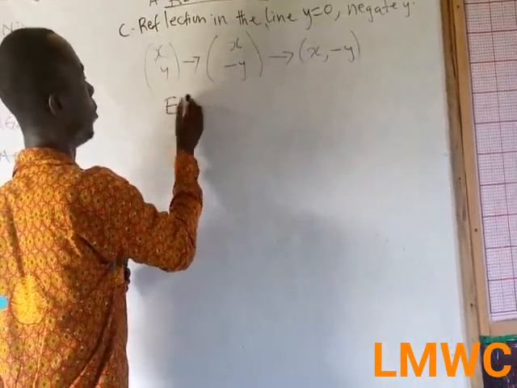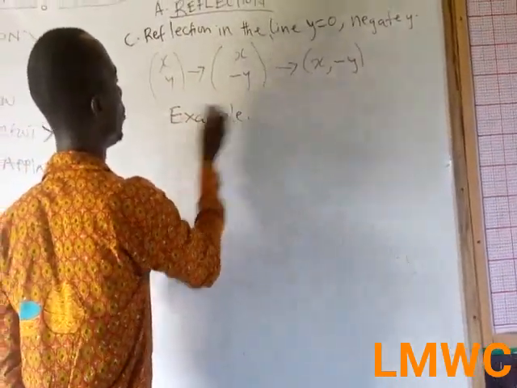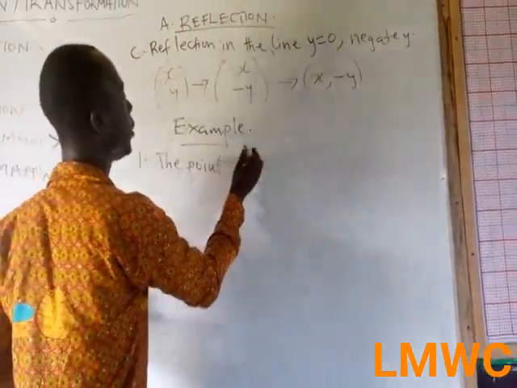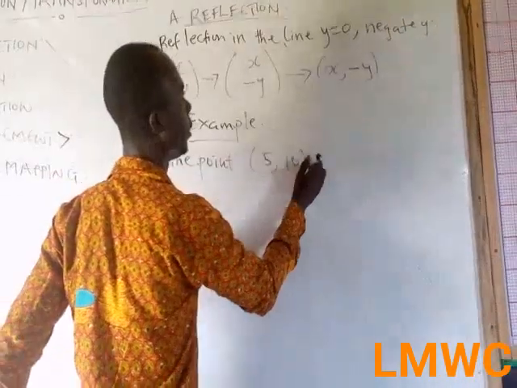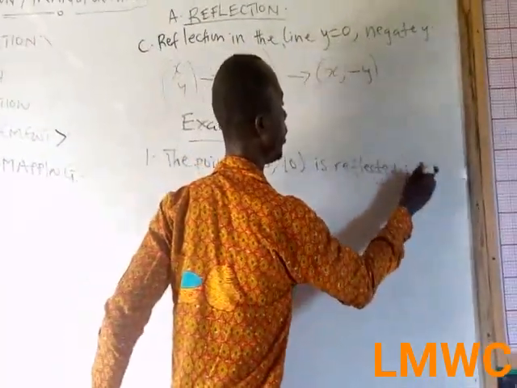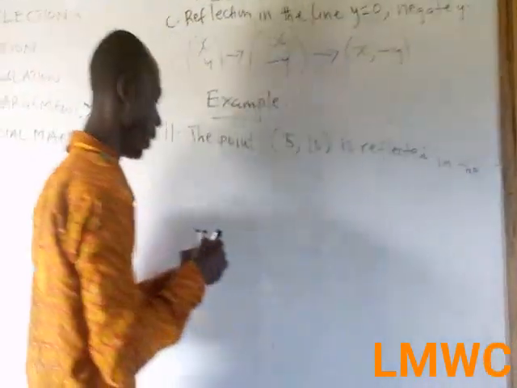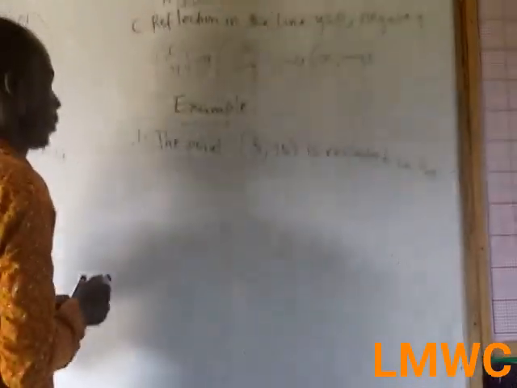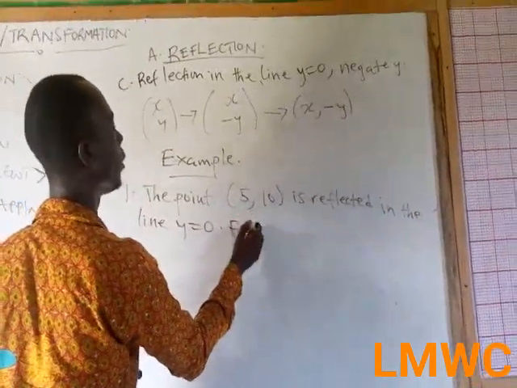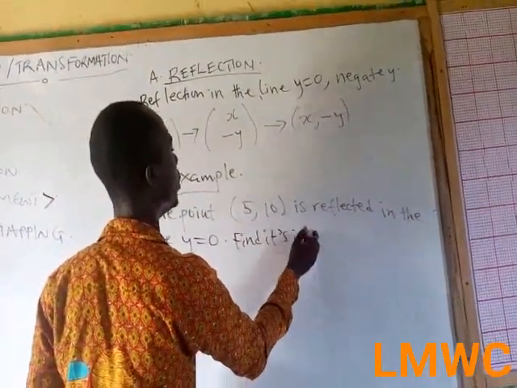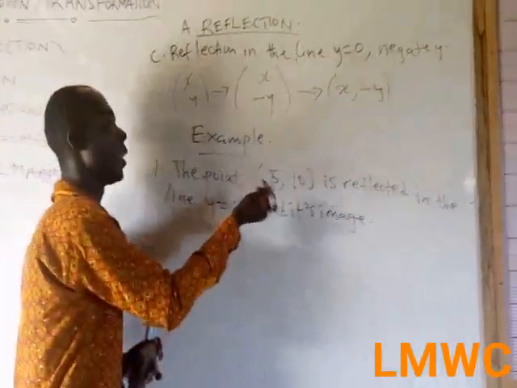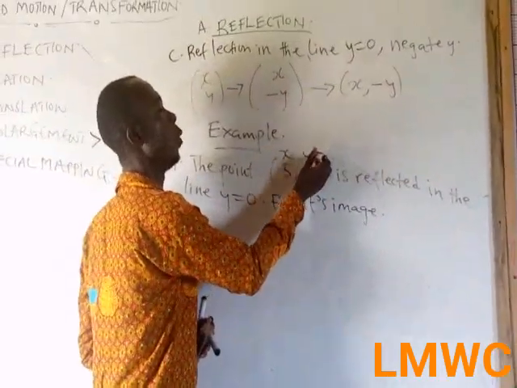Example 1. The point (5, 10) is reflected in the line y is equal to 0. Find its image. The first thing you are supposed to do is identify your x value and your y value.